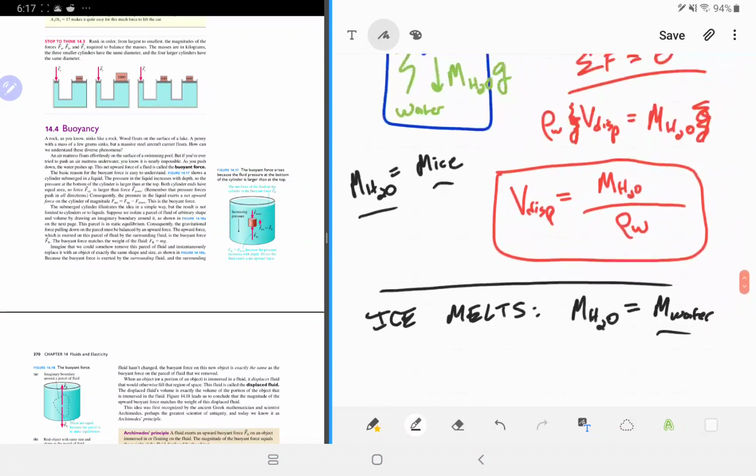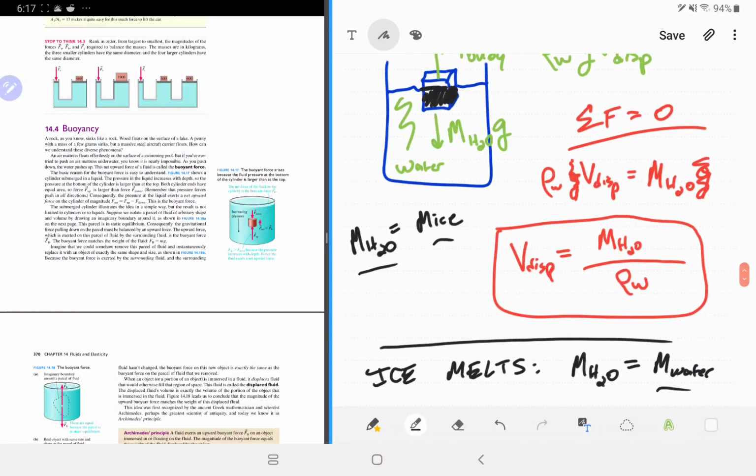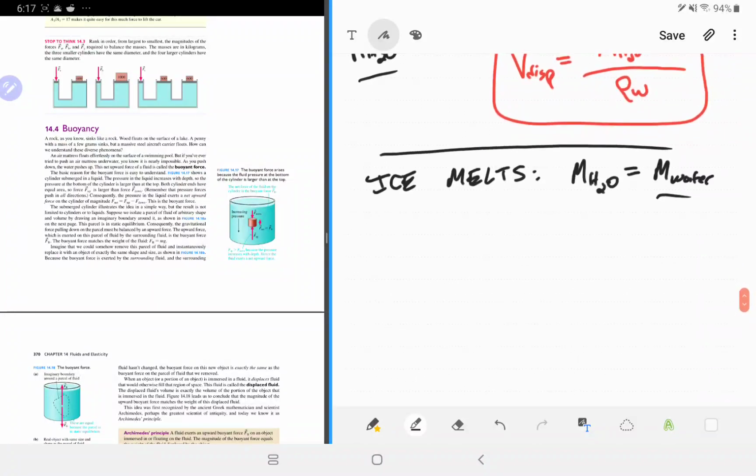So how much volume does this ice cube take up? It's going to melt, and we want to figure out how much volume the melted ice cube takes up. So the volume of the H2O is mass divided by density.